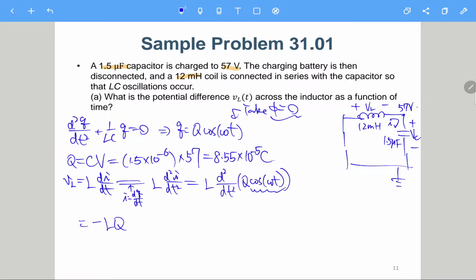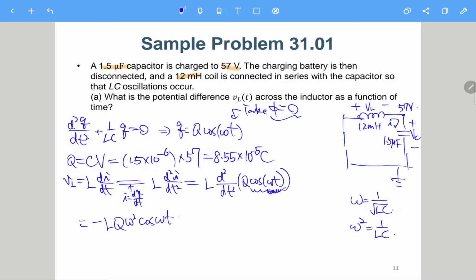So we have minus cosine omega t, and then we also need the chain rule, which means we need to take the derivative of the argument and then take the square because we have a second derivative. So taking the first derivative here will be omega, so we have omega squared here. And of course omega is 1 over square root of LC, which means omega squared is 1 over LC.